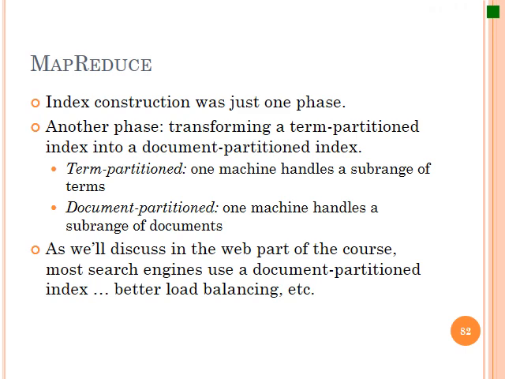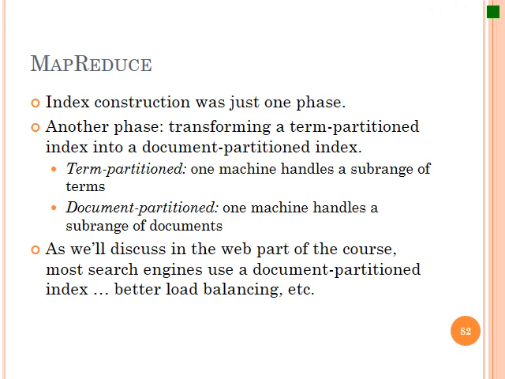Just now, remember, the end result of the index construction was that we have postings associated with different partitions of the terms. So that's called a term partition index. The second phase will be to convert that into a document partition index. In the term partition one, each machine handles a sub-range of terms.